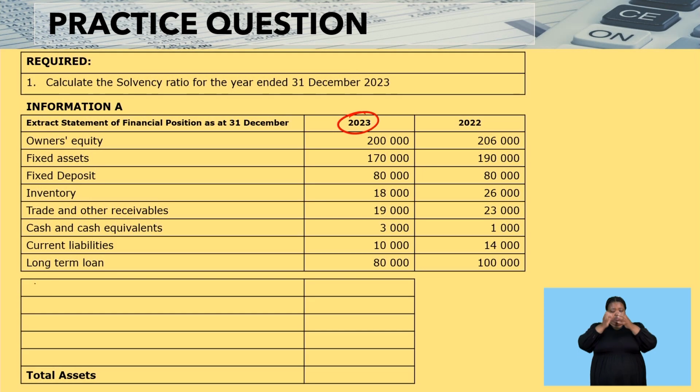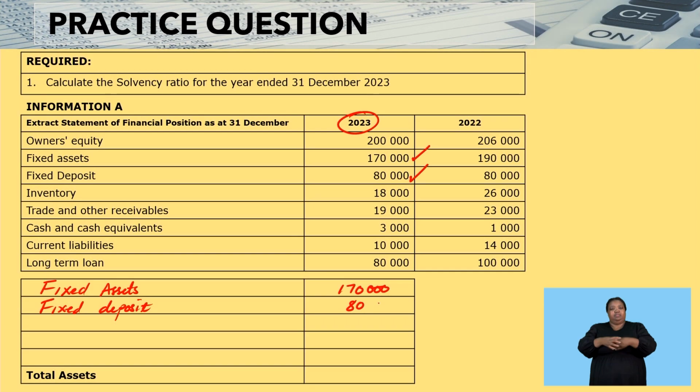The first one that I'm going to pick is my fixed assets, and the amount is 170,000. The next one that I'll take is my fixed deposit, which is 80,000.